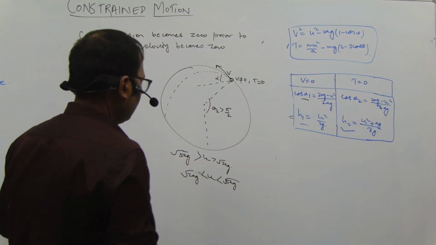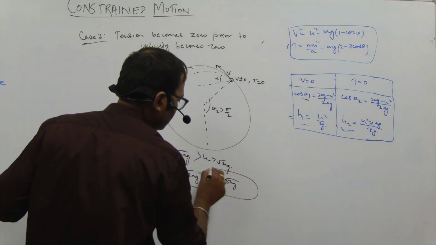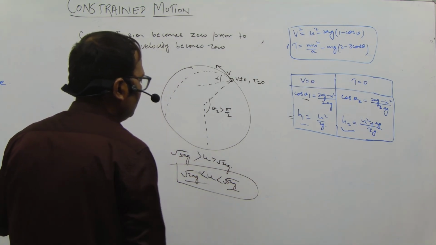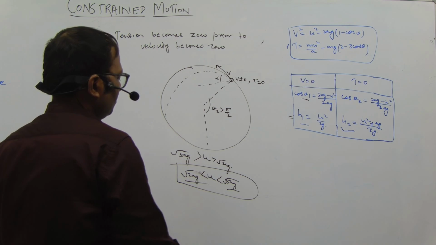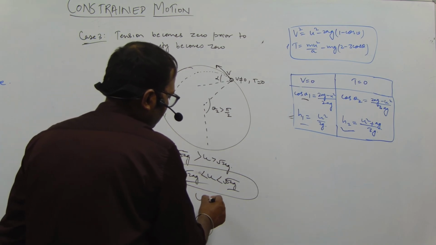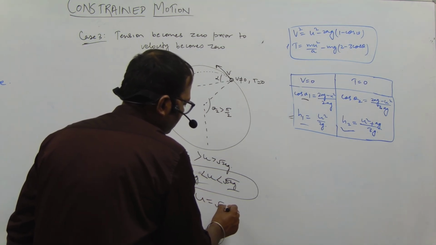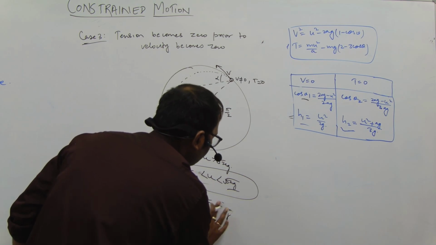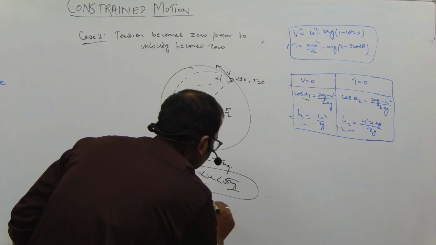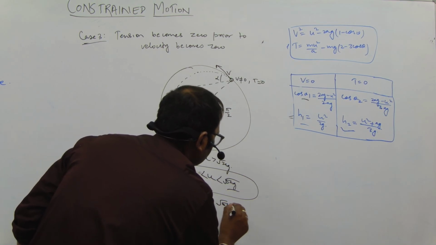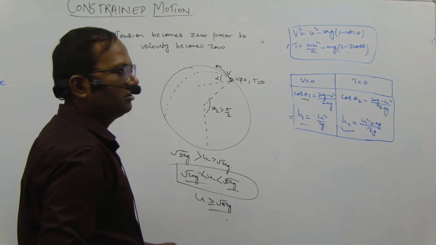So what we have to remember here is u is less than root 5ag but greater than root 2ag. If u is greater than or equal to root under 5ag, then it will be able to describe the complete circle.